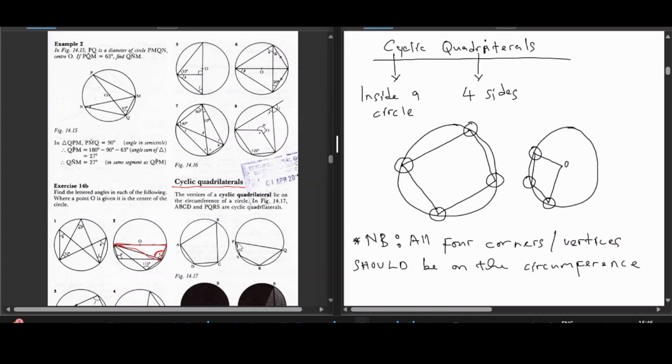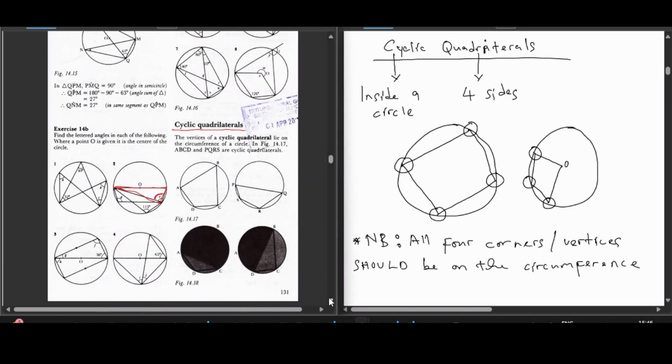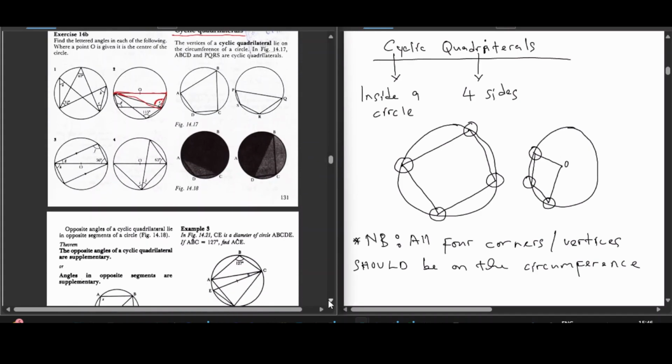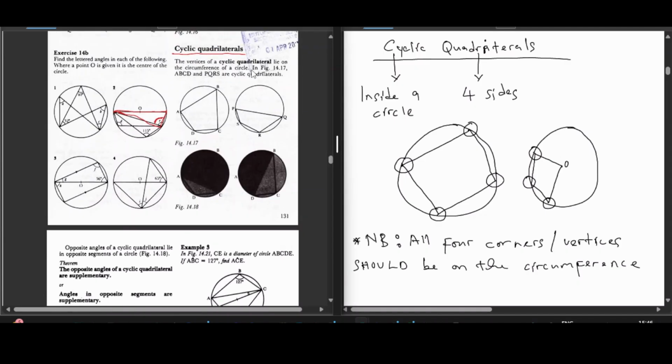If we look at our course reader, Cyclic Quadrilaterals, and we read this part, they are using the technical term vertices, which simply means corners, so don't confuse yourself. The vertices of a cyclic quadrilateral lie on the circumference of a circle.